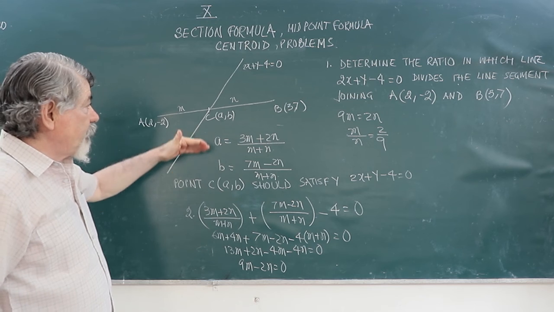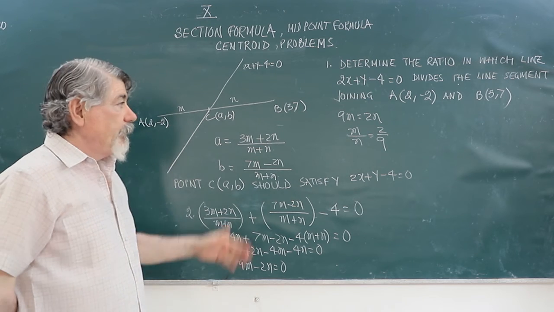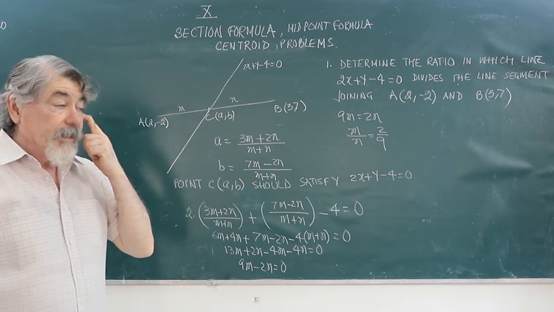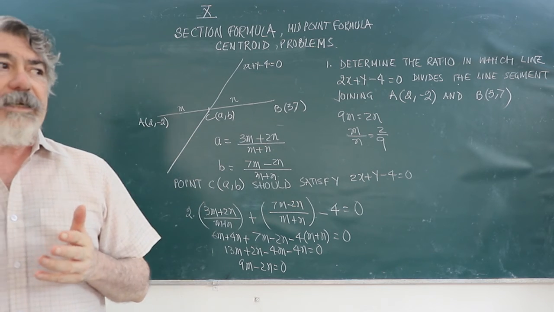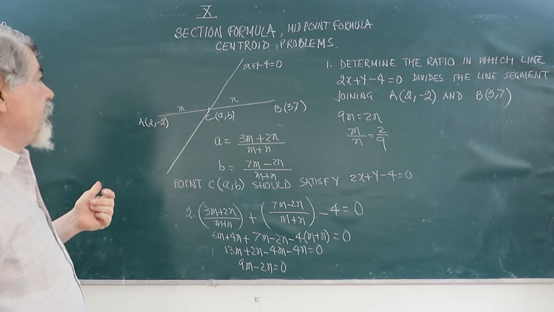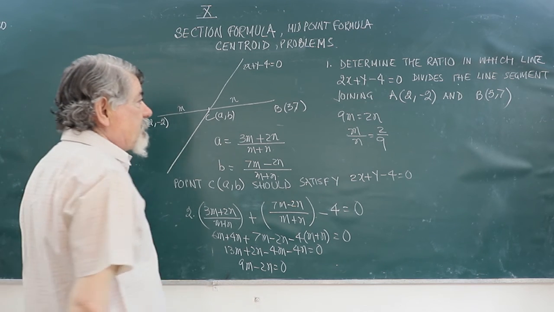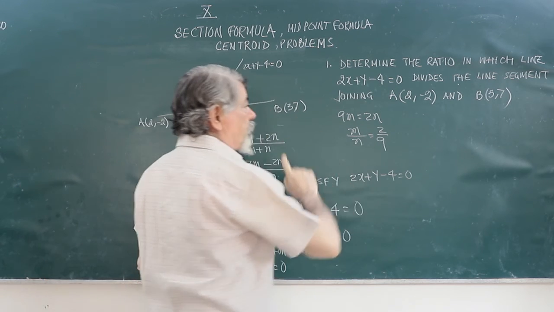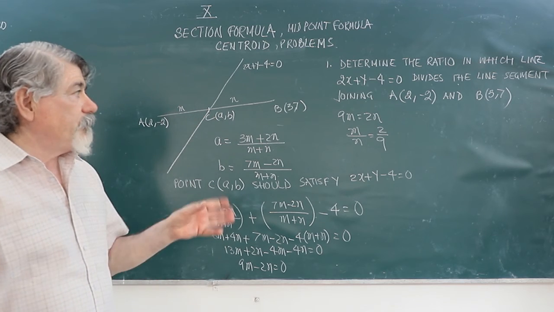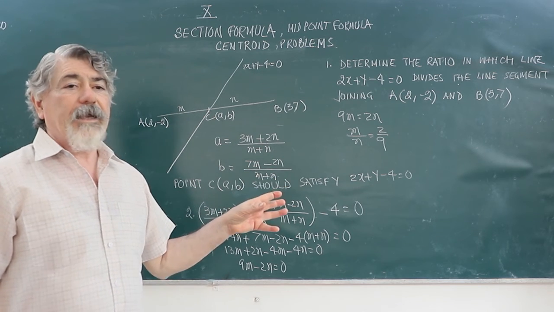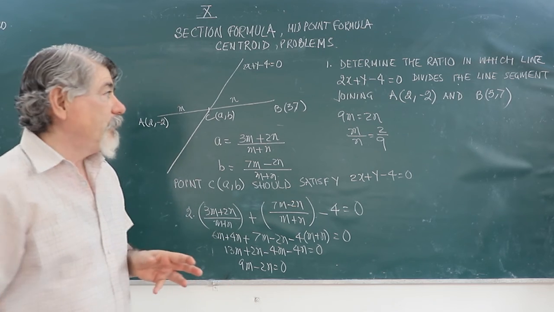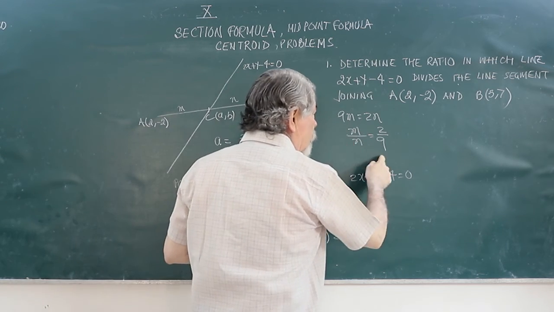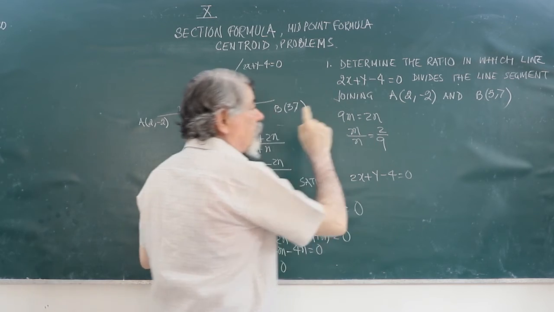We calculated first of all the ratio m is to n, which came out to be 2 upon 9. He's not asking that question, but he can ask you to calculate the coordinates of point C. When I say m upon n is 2 upon 9, that does not mean m is 2 and n is 9.